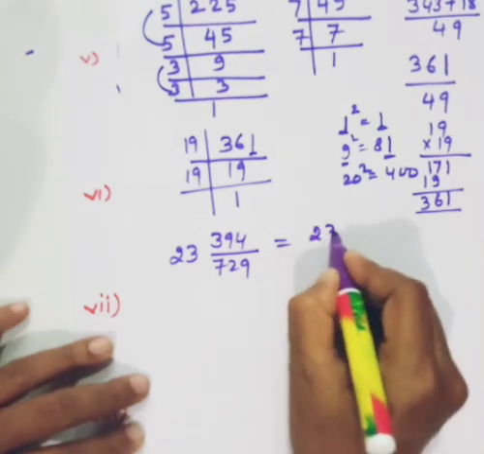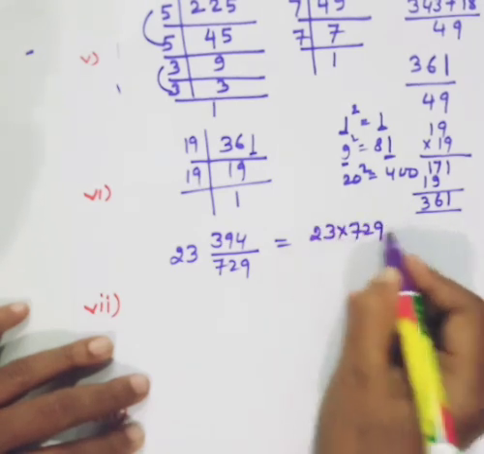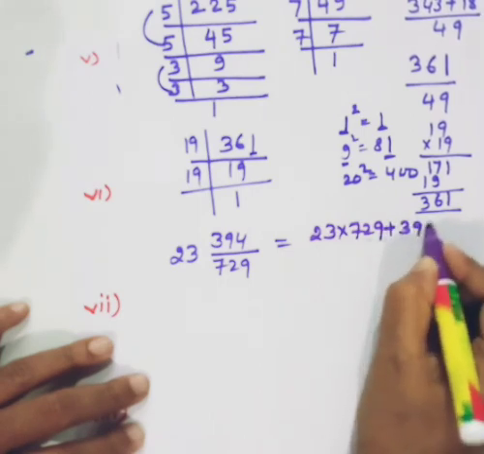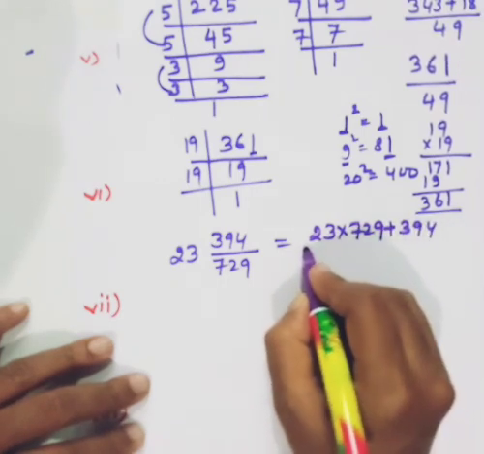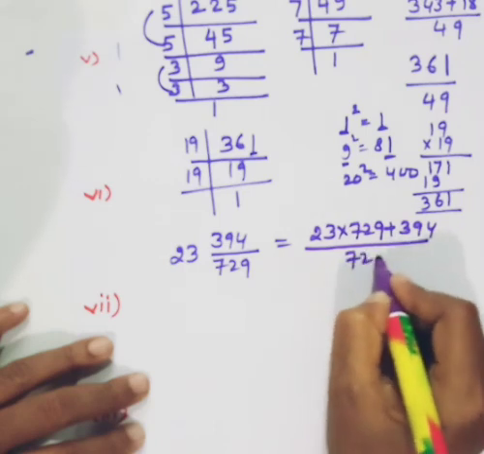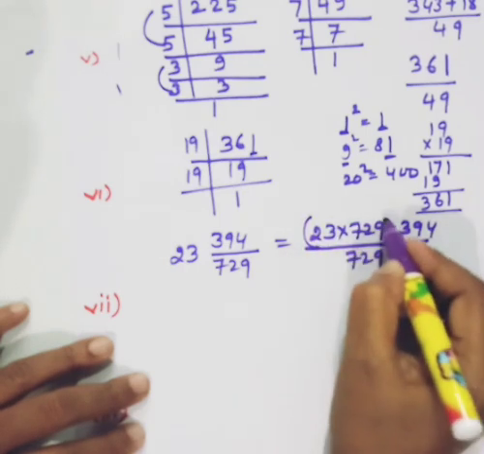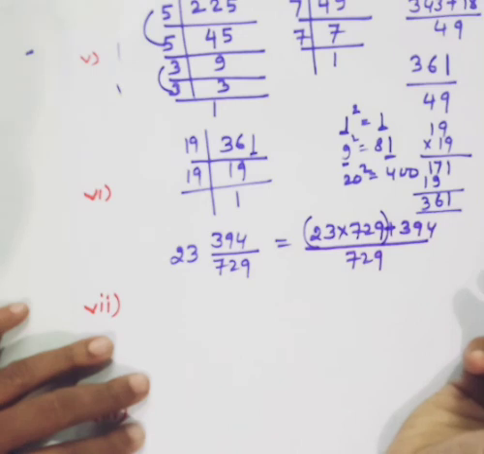So see, 23 into 729 plus 394 divided by 729. 23 into 729 will be done first using the Vedic rule.